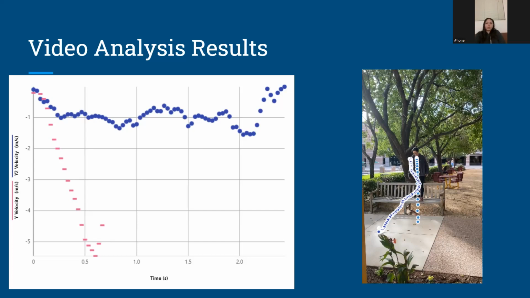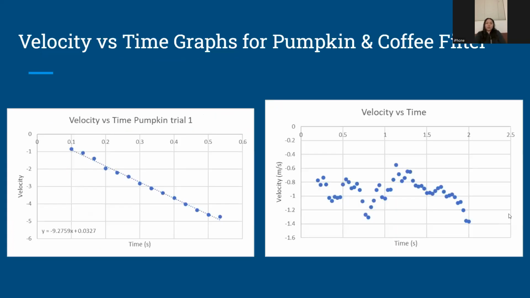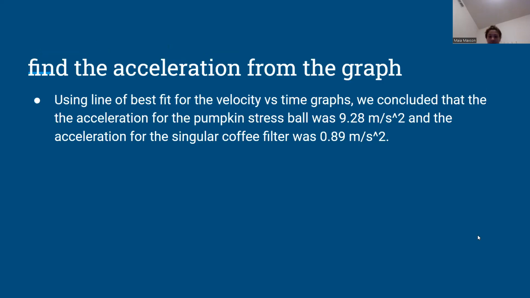The pumpkin reached the ground at 0.7 seconds with an acceleration of 9.28 meters per second squared. And the coffee filter reached the ground at 2.5 seconds with an acceleration of 0 meters per second squared. And because the acceleration of the singular coffee filter was 0, it is said that it reached terminal velocity.